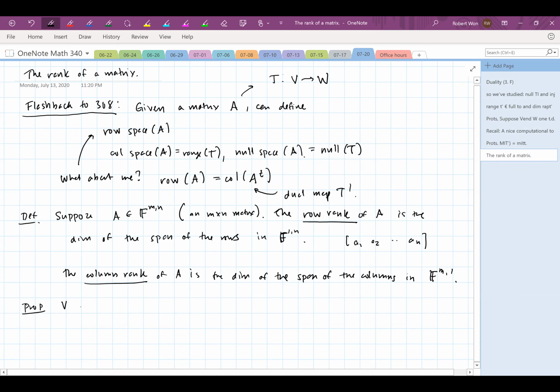If V and W are finite dimensional vector spaces, and T is a linear map from V to W, then the dimension of the range of T is equal to the column rank of the matrix of T. This is just the theorem which I stated as one from Math 308.